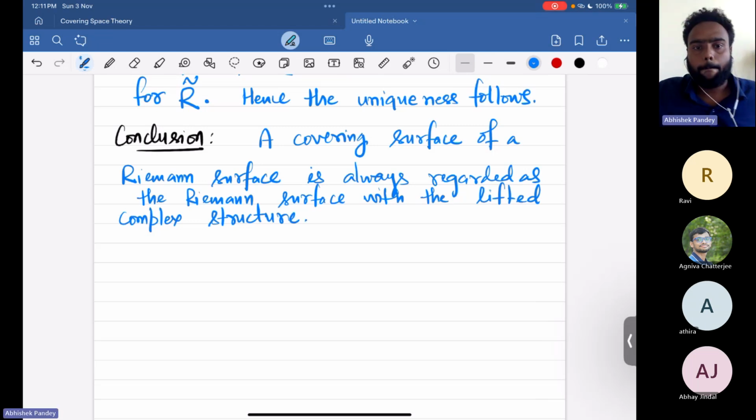So I hope it is clear. Okay. So once you have a Riemann surface, its covering surface is again a Riemann surface, and there is a unique complex structure so that the covering map will be holomorphic.